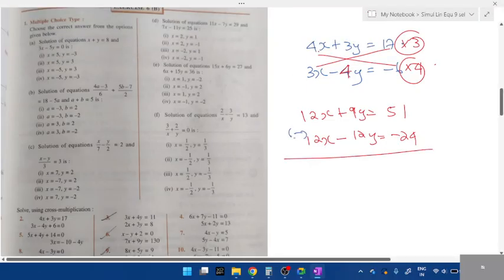Look at the screen, all of you. Minus, this becomes plus. 9 plus 12 is 21. And here 70. Use 3 times table.